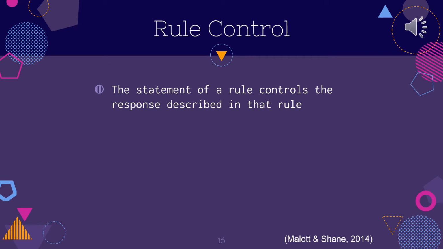Rule control plays an important part in token economies. Malott and Shane define rule control as the statement of a rule controls the response described in that rule. Although it is not necessary for clients to be vocal verbal to be able to effectively follow a token economy, it is essential that they are able to follow rules and have some sort of rule-governed behavior because the backup reinforcers are not immediately delivered following the response.